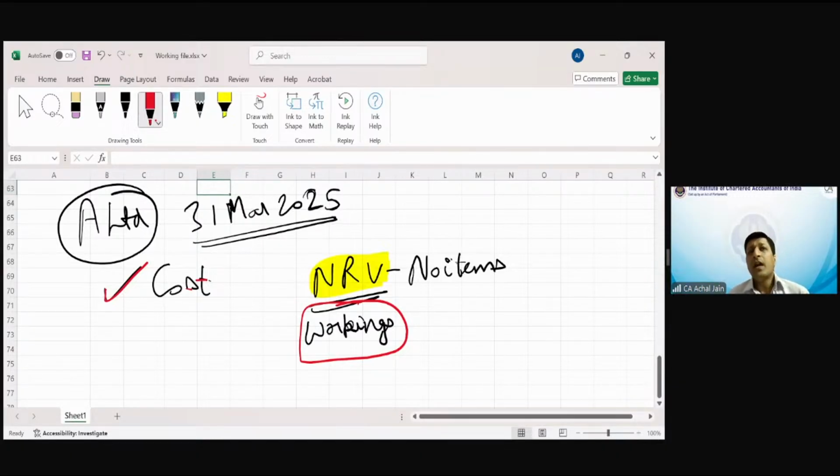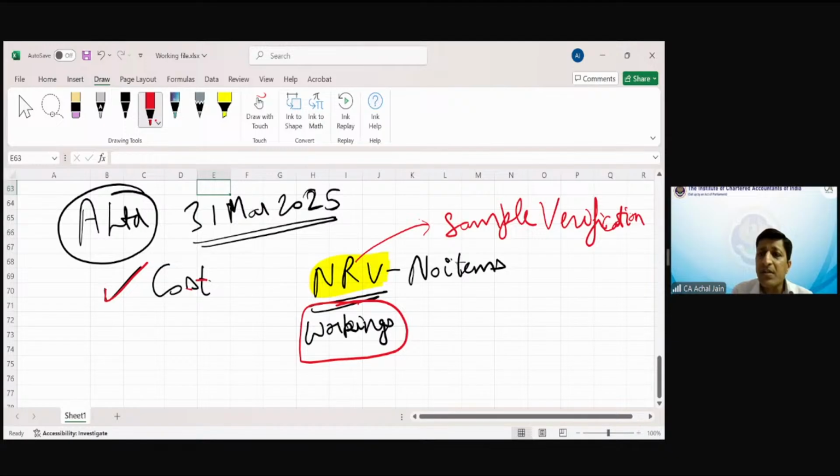And some of these NRVs which the management will provide, auditor will have to do a sample verification. If the working is available, auditor can always flip through that entire working, and of course pick up some samples for the verification also. Okay, so that's how auditor will be able to substantiate, verify.